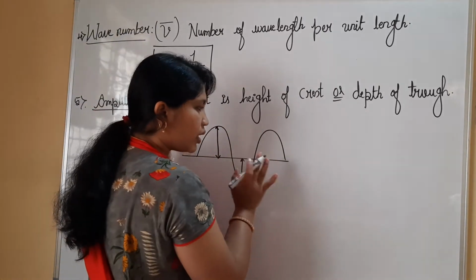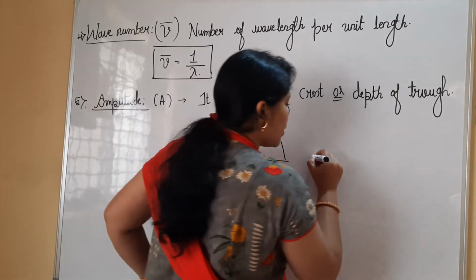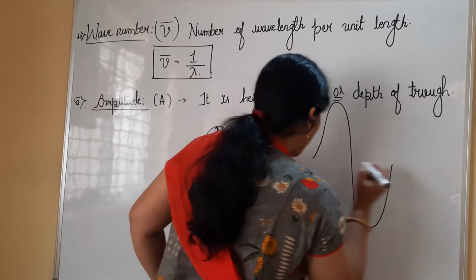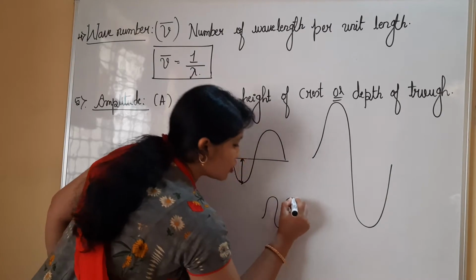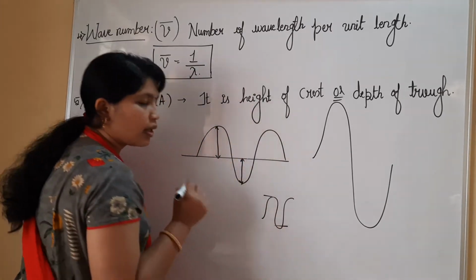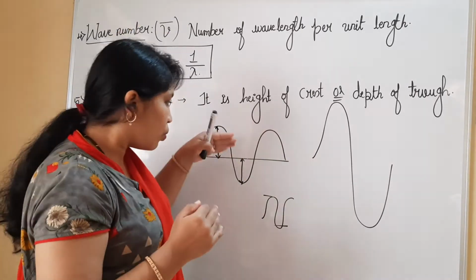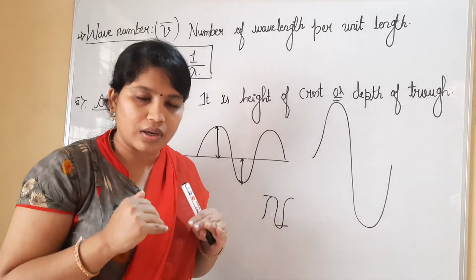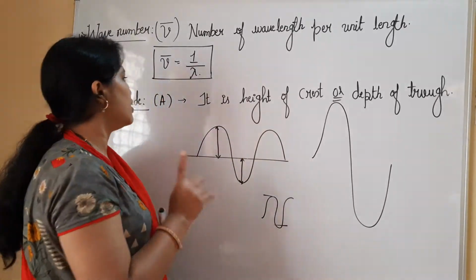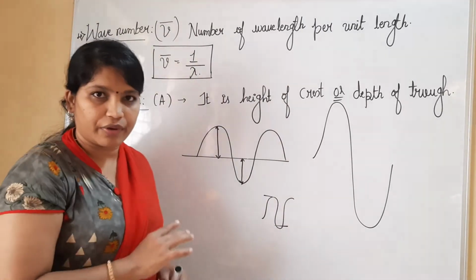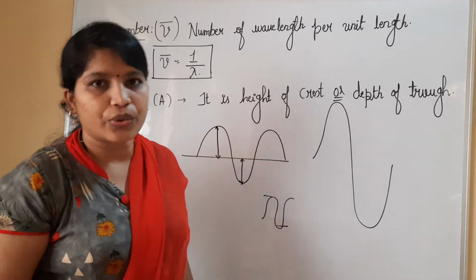As I have shown here, it is just a representation. It may be higher than this, or it may be lower than this. That means to what height it is showing the crest, to what depth it is showing the trough, that itself is called the amplitude of a wave. Take these two points, we'll move to the next.